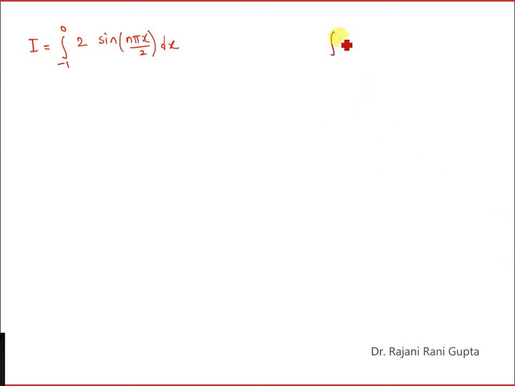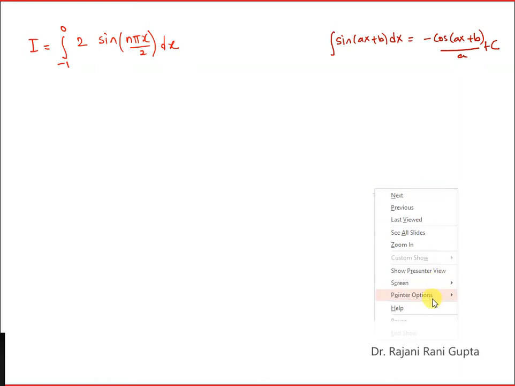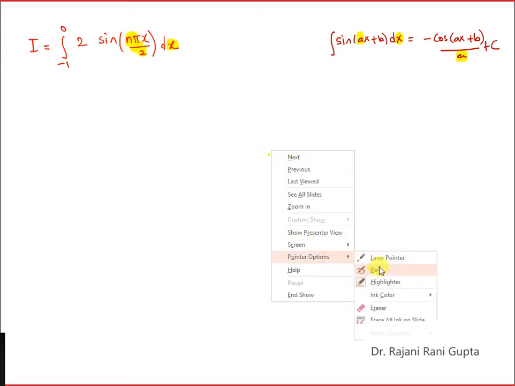The rule says that the integral of sine of ax plus b dx is minus cosine of ax plus b over a, plus c. It means whatever is the coefficient of x comes in the denominator, because we are integrating with respect to x. Here also we are integrating with respect to x. So the coefficient is n pi by 2, the term multiplied with x.